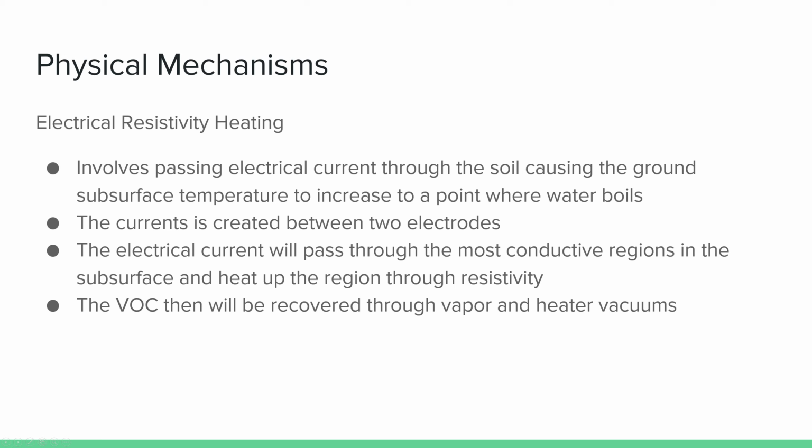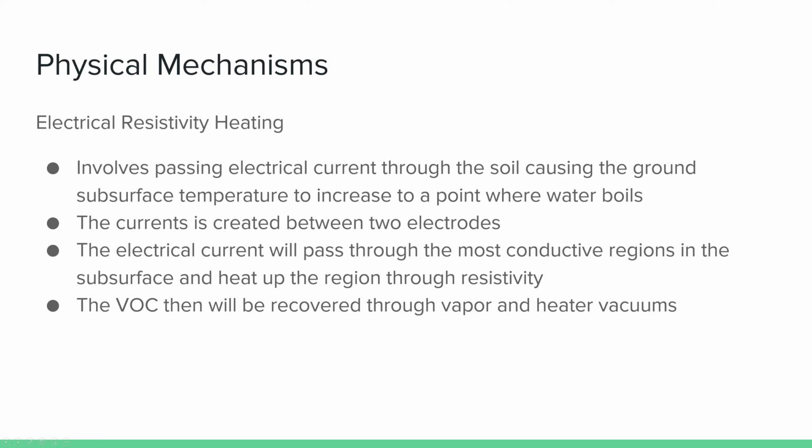The setup between conductive heating and electrical resistivity heating are the same, where they have the wells and then the heater vacuum in the middle. But the only difference is, instead of thermal wells, we use electrodes, which in the subsurface cause an electrical potential difference, which allows an electrical current to flow between the electrodes.